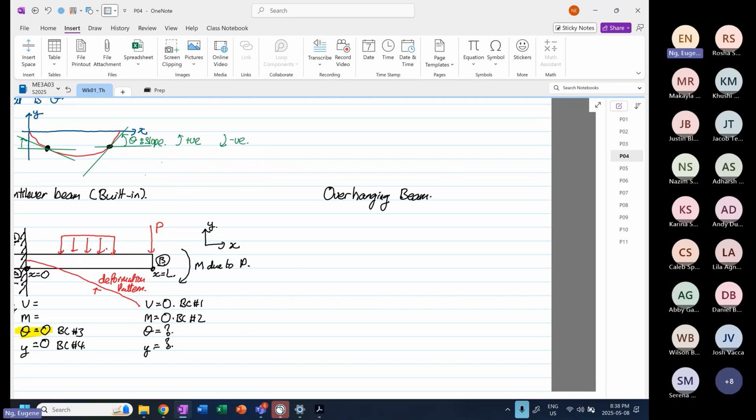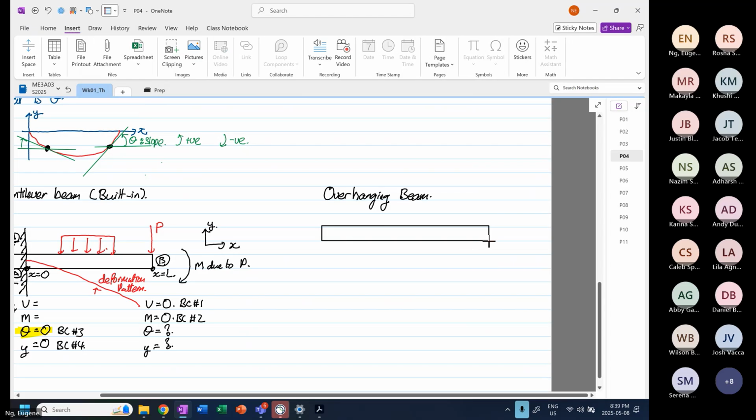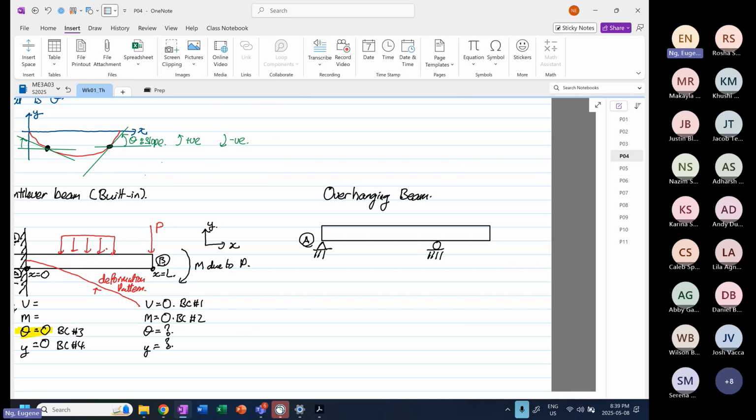For the overhanging beam, this is our point A. Over here we have a roller, our point B, then our point C. We can have any types of load, so maybe here we have 2 different loads, and over here we have an evenly distributed load.